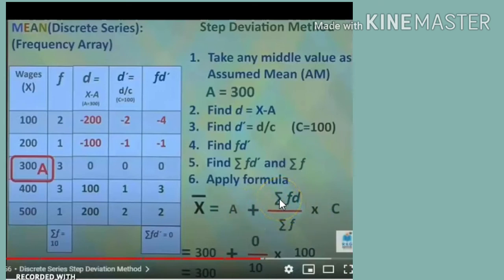Next you will be writing the numerator as sigma FD and denominator as sigma F. The multiplication sign into is also to be written nearer to the division sign, so into C. So how will you get the answer: 300 plus 0 divided by 10 into 10 into 100 is the formula when we are substituting it. So the answer is 300.